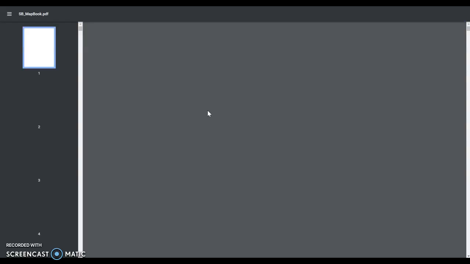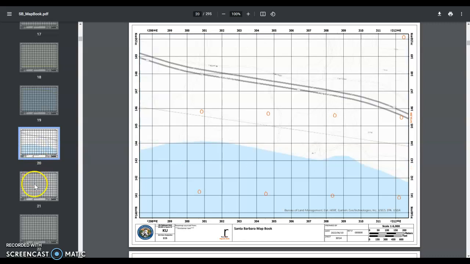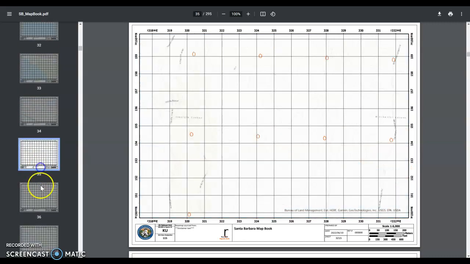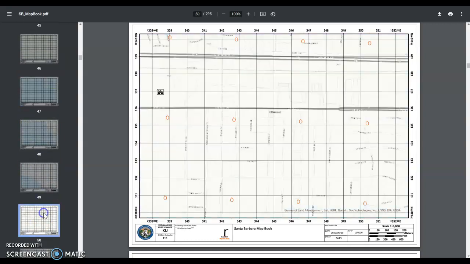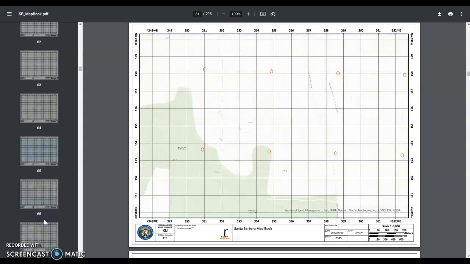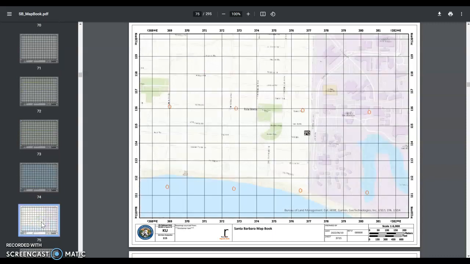This map is separated into a few hundred pages for a detailed view, to give you an idea of where everything is and what everything looks like.